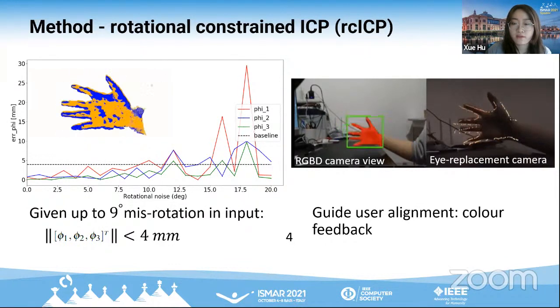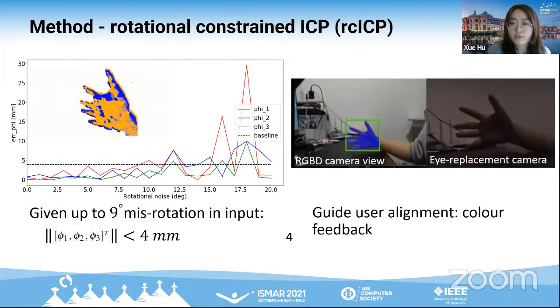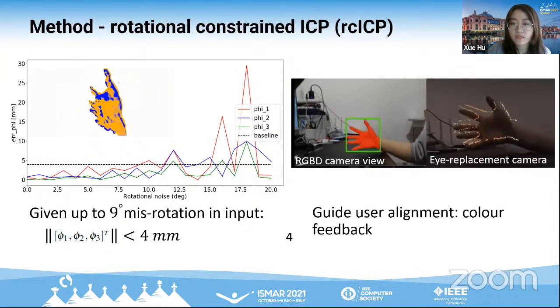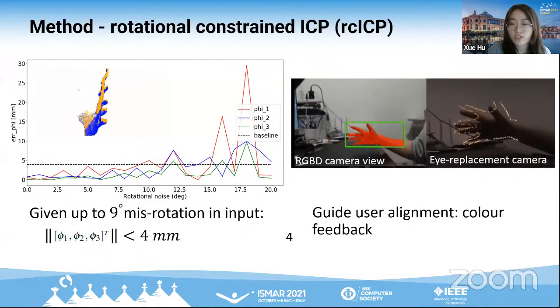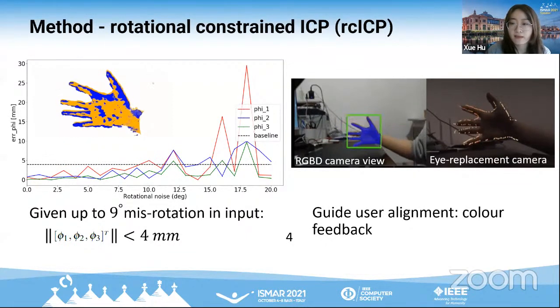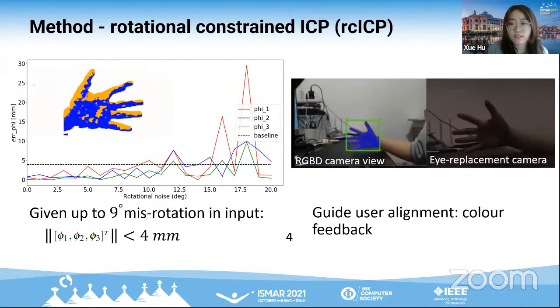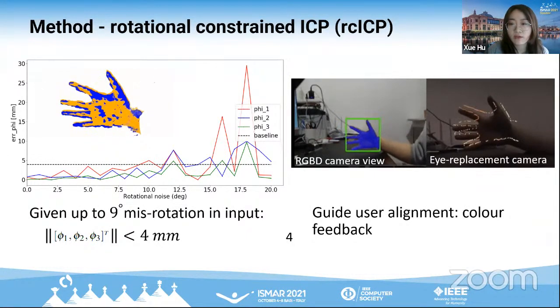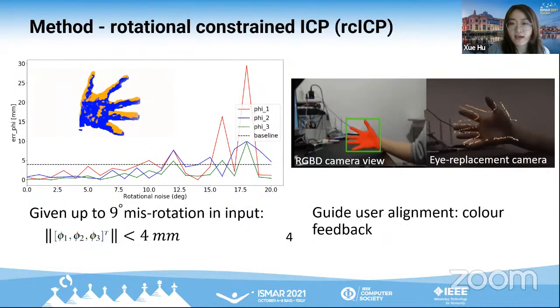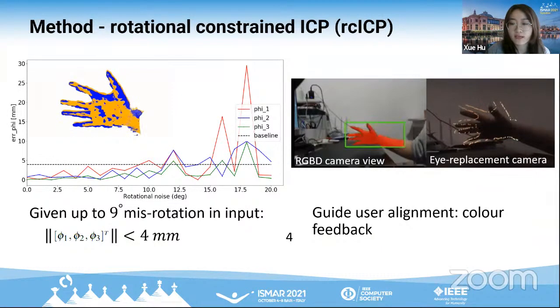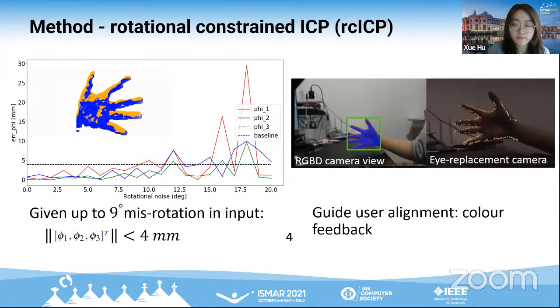On the right, you can see that when the relative rotation is larger than 9 degrees during the user alignment, the tracked hand surface will change color as a warning. This is the pairwise recording from the RGBD camera for hand tracking and the eye replacement camera for the AR overlaid scene recording.